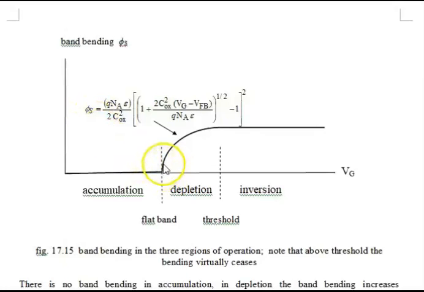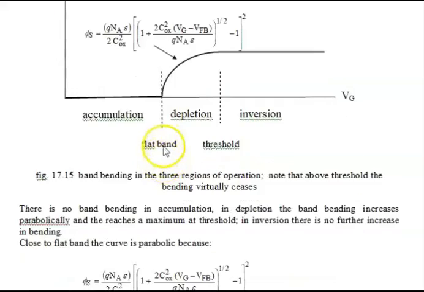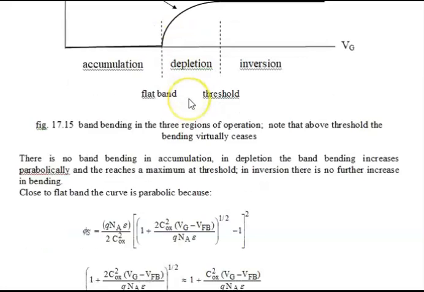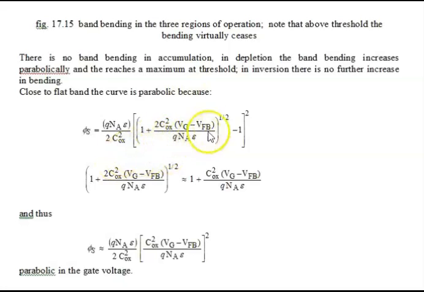The point right here is that we can expand that out close to flat band, but a little bit greater. So Vg is a little bit greater than flat band. This term will be very small, and if this term is very small, we can expand out this square root, and it's equal to approximately 1 plus this small term here, divided by 2.